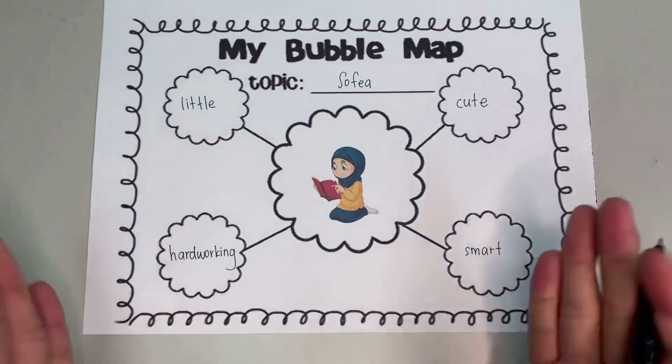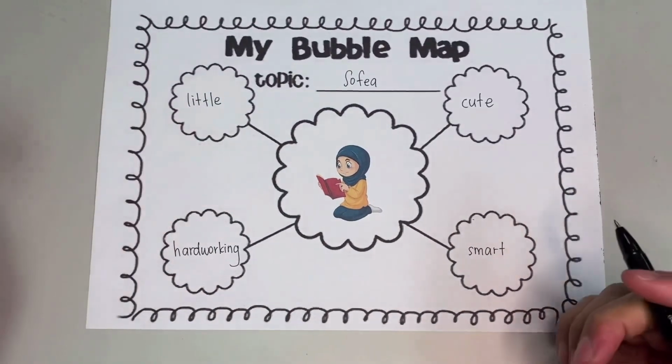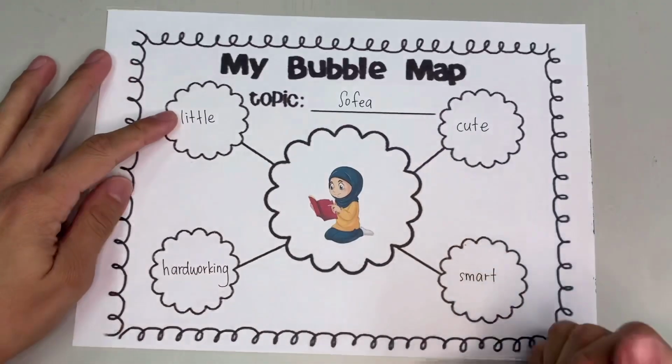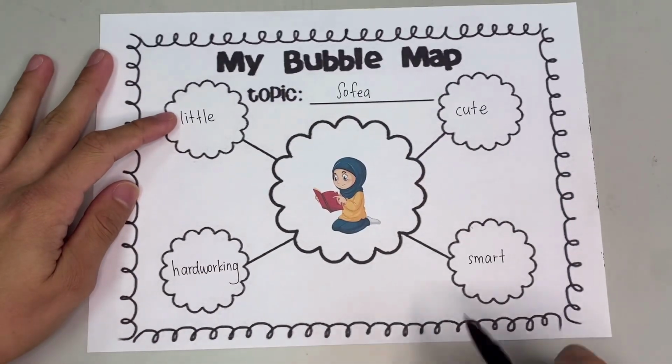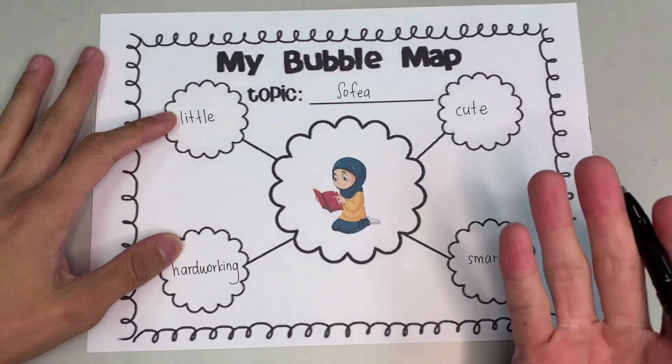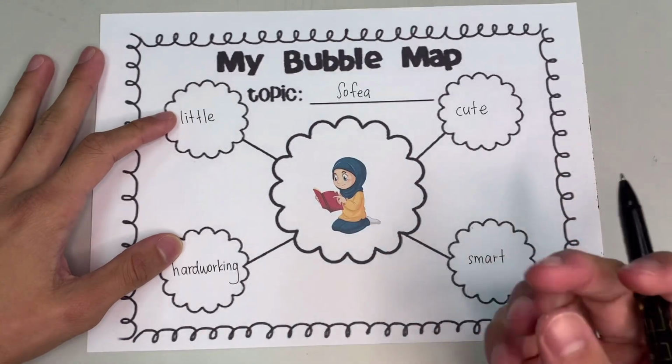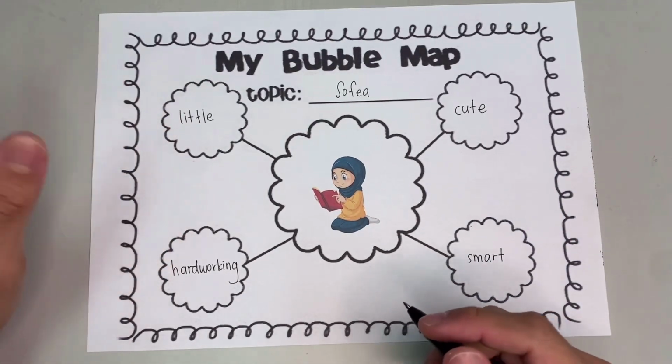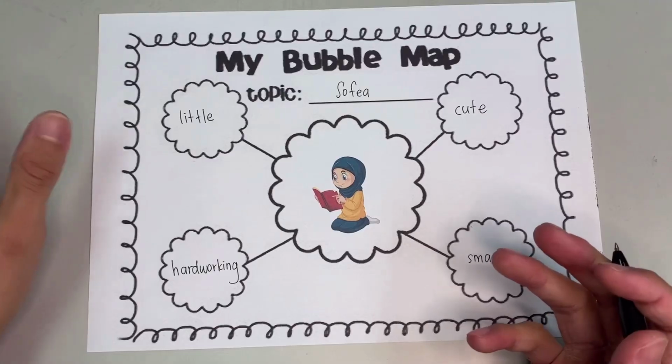So now we know that Sophia is a little girl, a cute girl, a smart girl, and a hardworking girl. The use of these adjectives helps us to understand Sophia a little better. Don't you think adjectives are important?